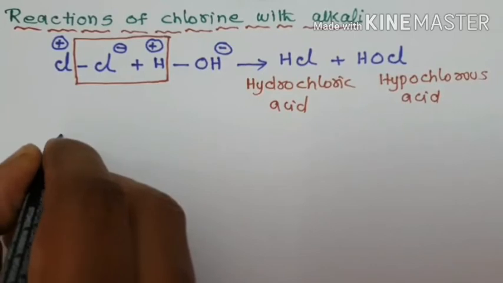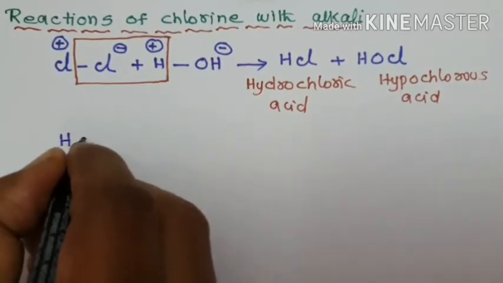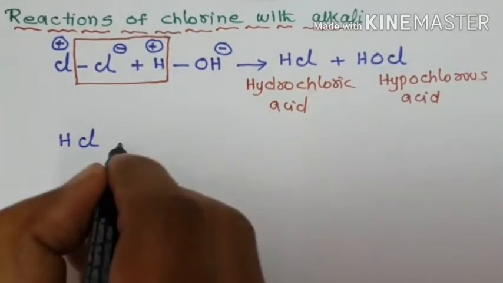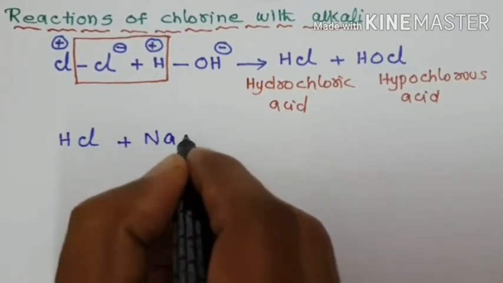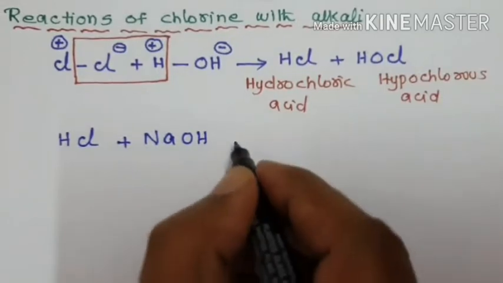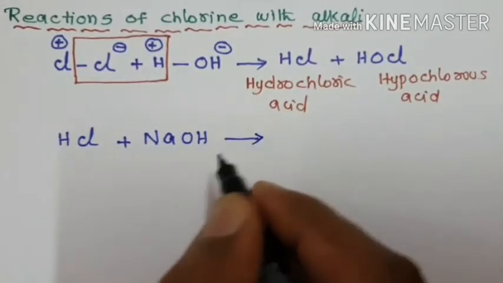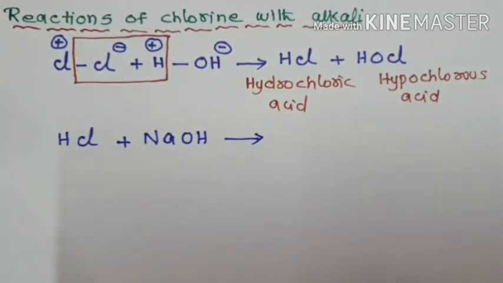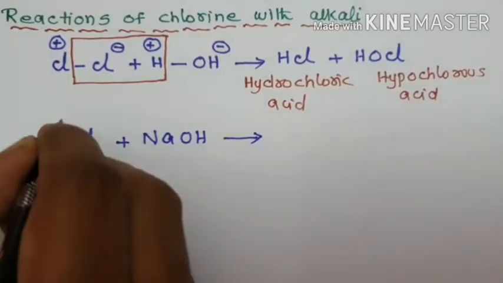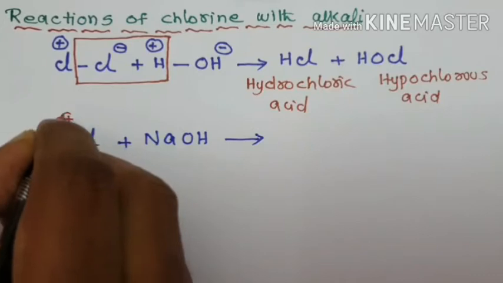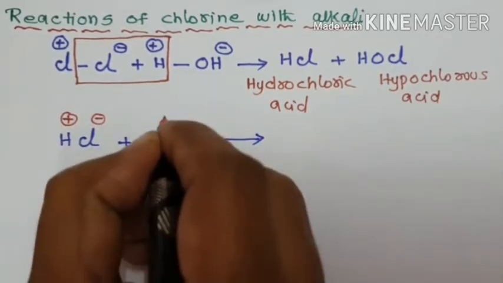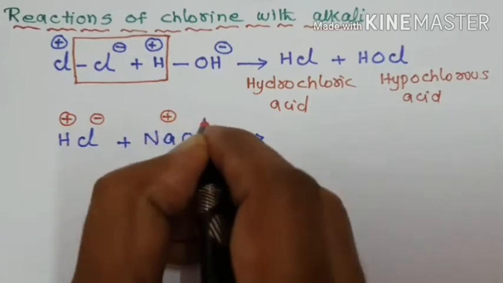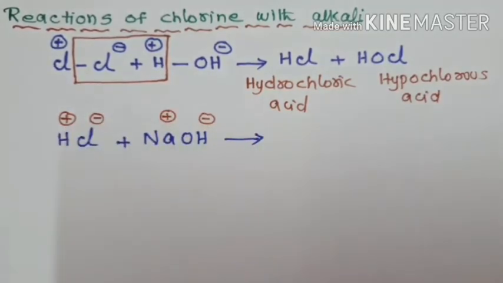Neutralization reaction. HCl undergoes reaction with sodium hydroxide, NaOH. This is a neutralization reaction. Hydrochloric acid undergoes ionization, gives H plus ion and Cl minus ion. NaOH undergoes ionization, gives Na plus ion and OH minus ion.